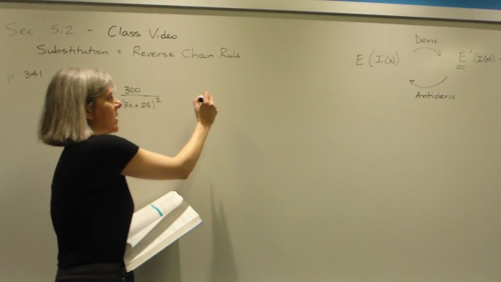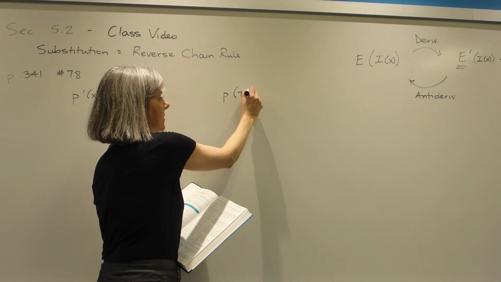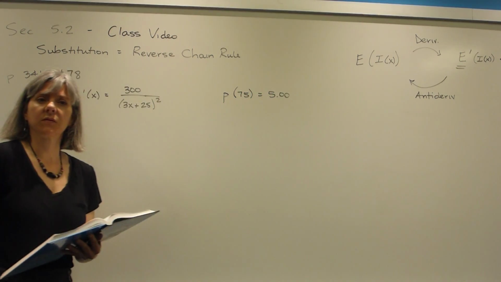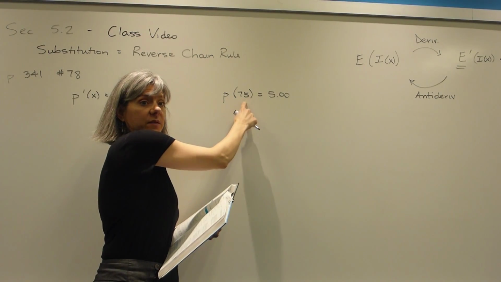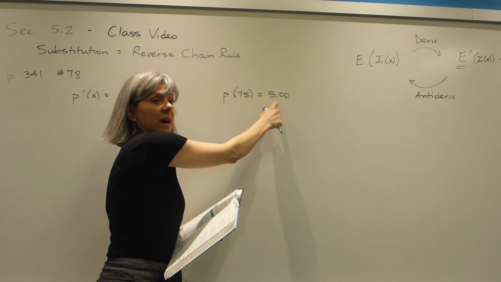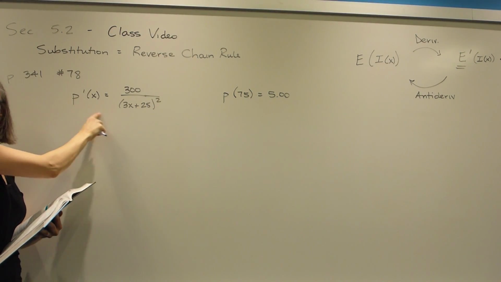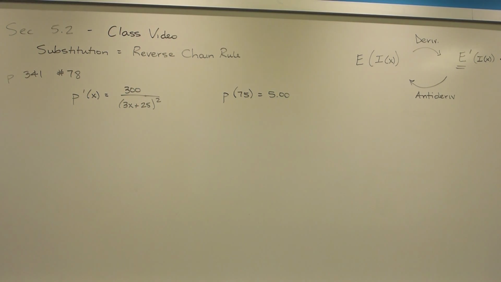It's kind of like saying the price at 75 bottles equals $5. Does that make sense? And why do I think to write it that way? Because I've got a P of x going on over here, so I think to write it in that form. And now I'm looking to find P of x.